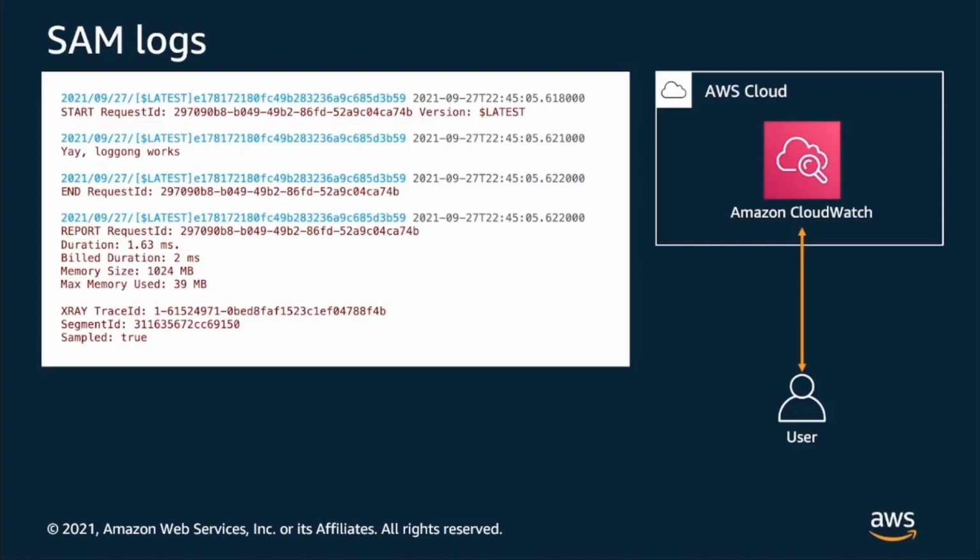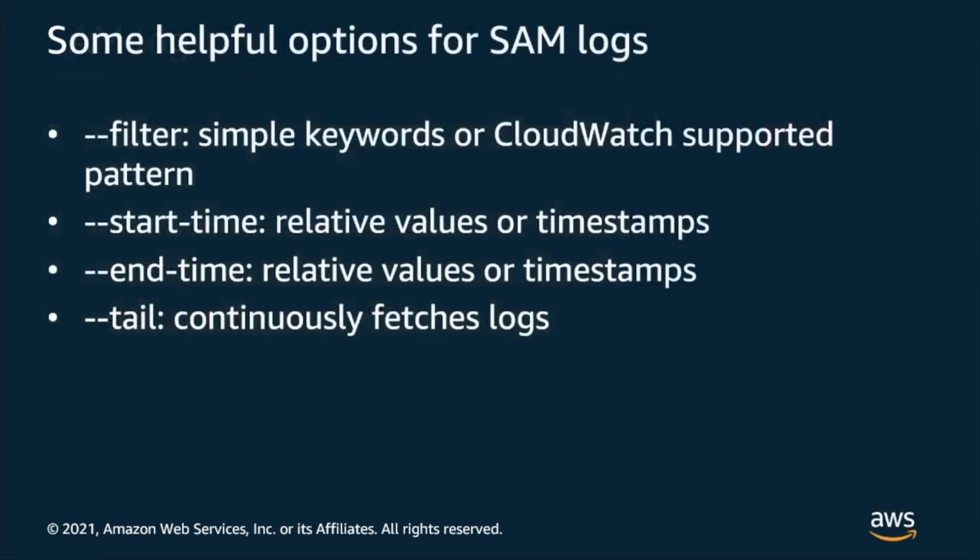So you can use the tail option, TAIL, and as you're going against that, you can pull logs, and it will read directly from CloudWatch. And there are some helpful options for this. You can filter, so you can say, look, I just want ones that say this or that, or I want it from just this start time to this end time, or relatively, you say from 5 minutes ago, and then like I said, you can use the tail feature.